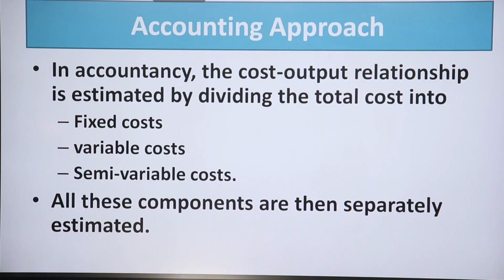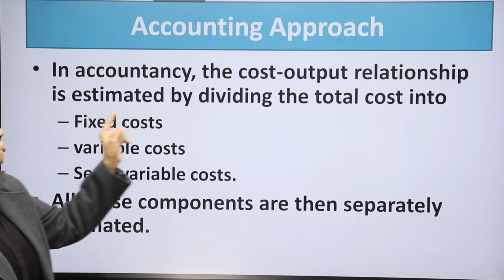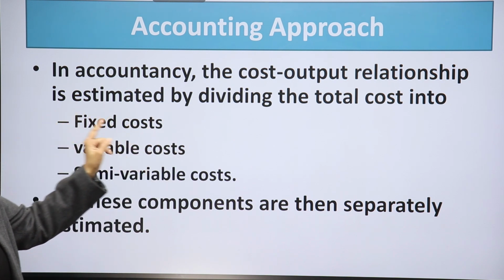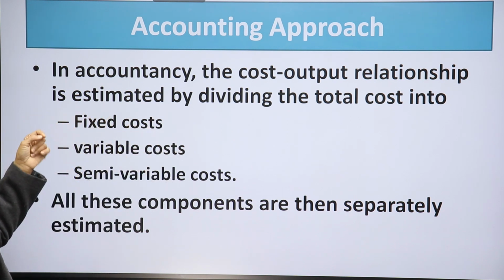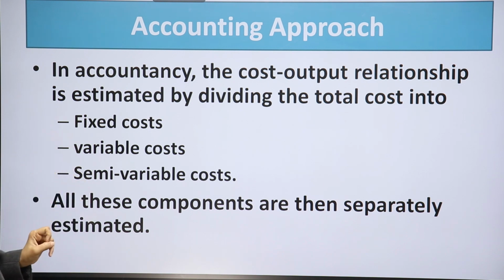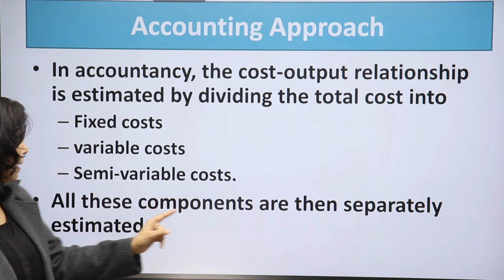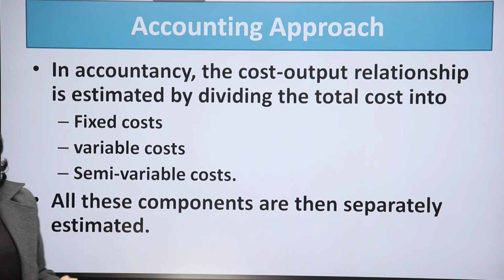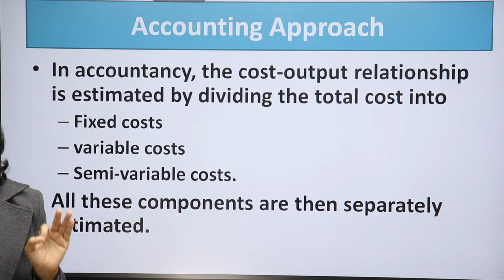Then accounting approach. In accountancy, the cost output relationship is estimated by dividing the total cost into fixed cost, variable cost and semi-variable cost. All these components are then separately estimated. What are fixed costs? Cost of your fixed assets.